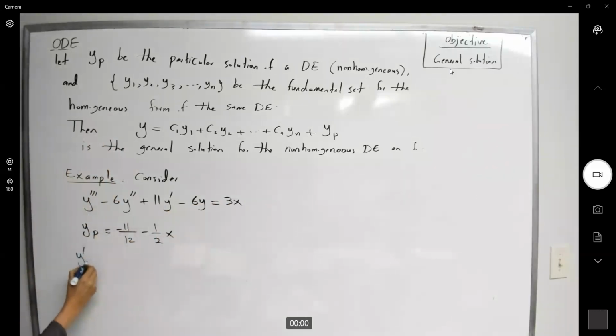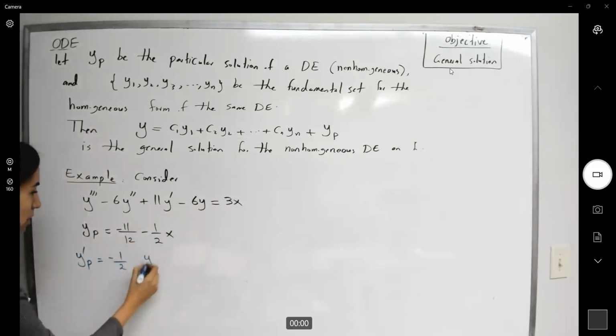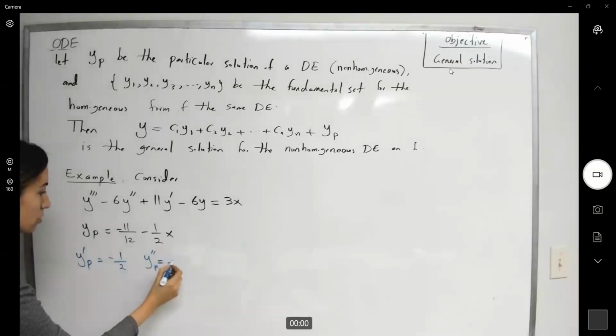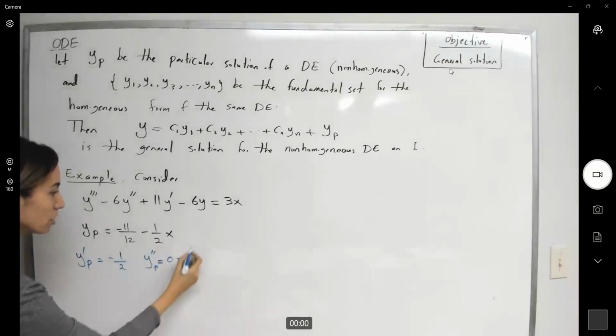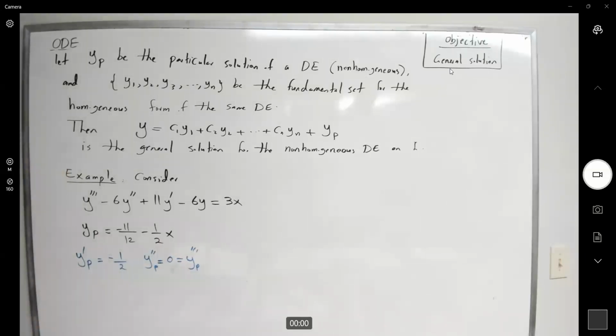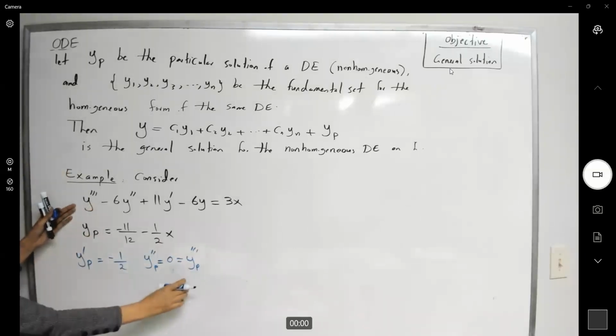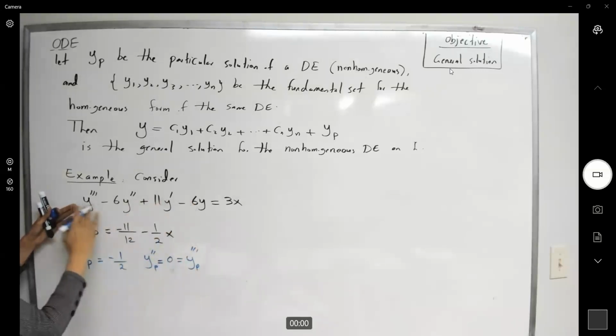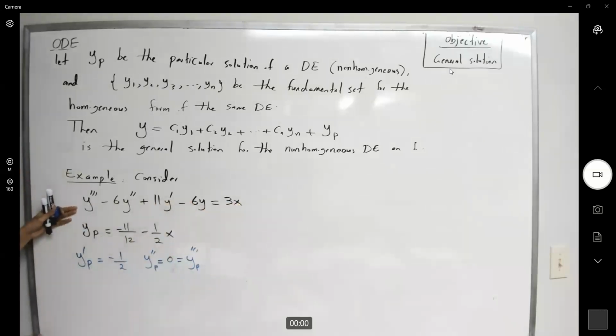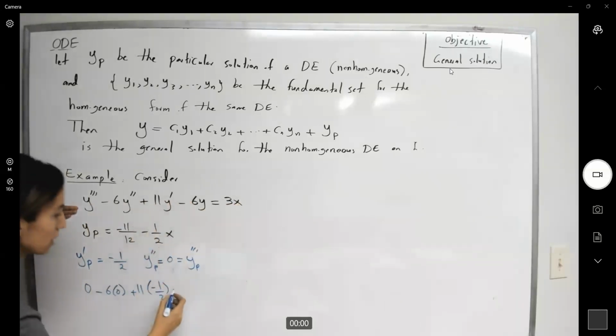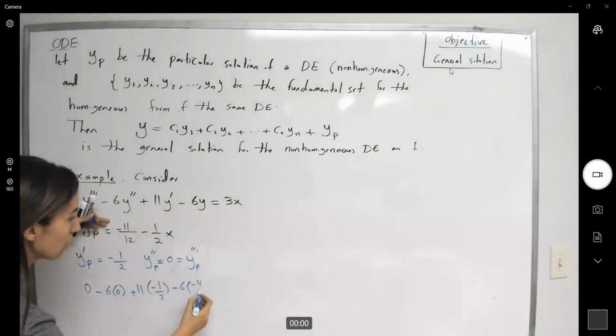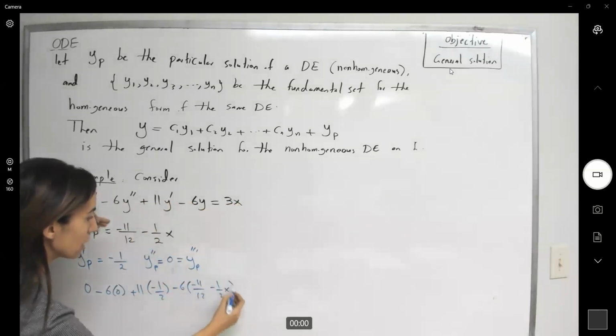The first derivative of our particular solution is negative a half. The second derivative is just obviously 0, which equals the third derivative. So if you plug in the derivatives and the y into the left-hand side of the differential equation, we must get 3x back. So this guy is 0, this guy is 0, negative 6 times 0 plus 11 times y prime, which is negative a half, and minus 6 times y, negative 11 over 12 minus a half x.